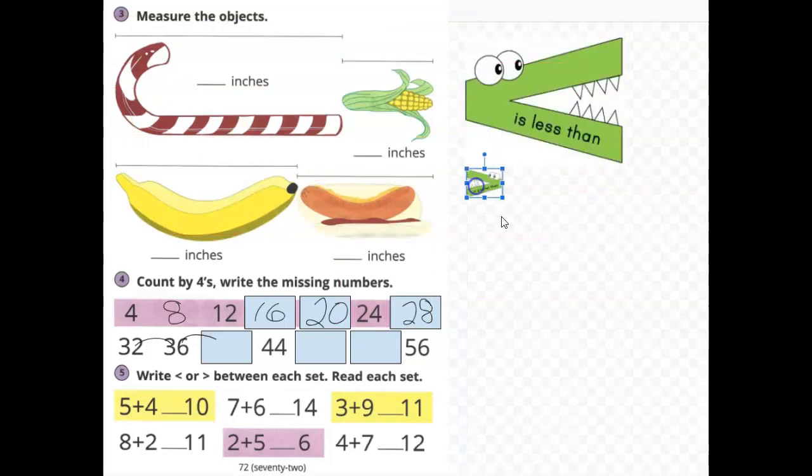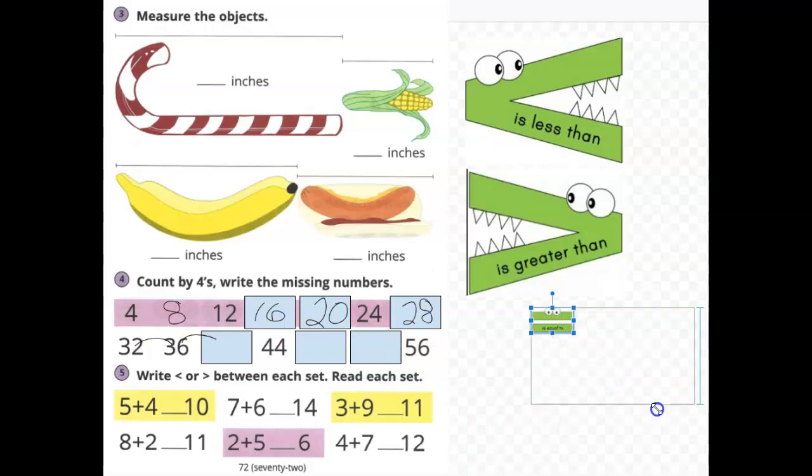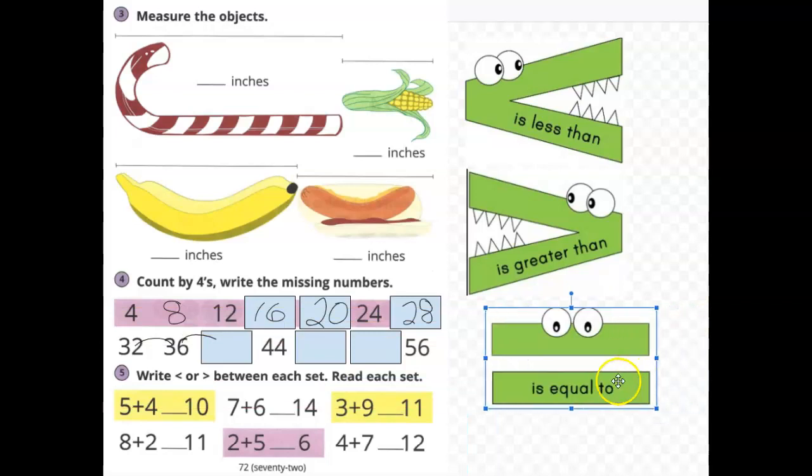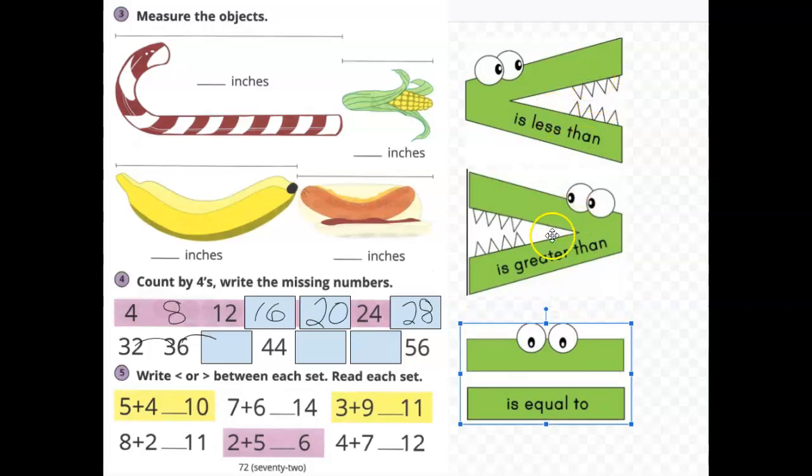Do you remember these guys? It's been a while since we talked about these guys. And then there's even the one that looks like this. Now we're not going to use the equal guy today. We're just using the less than and greater than guy. But this is what they look like.